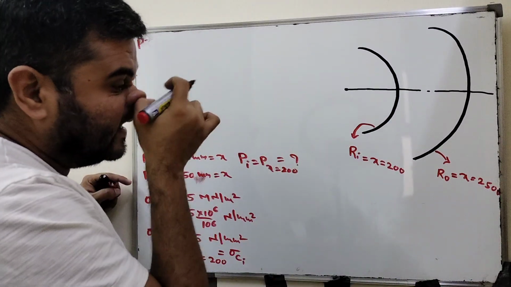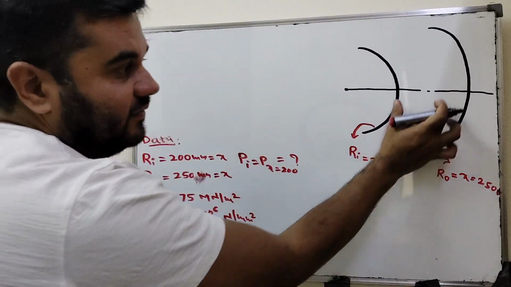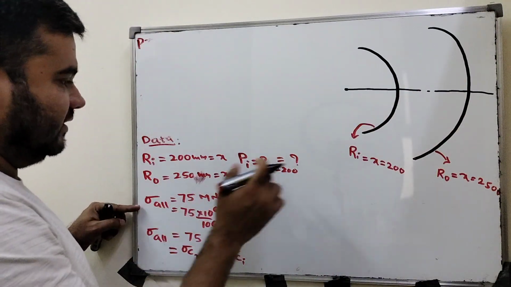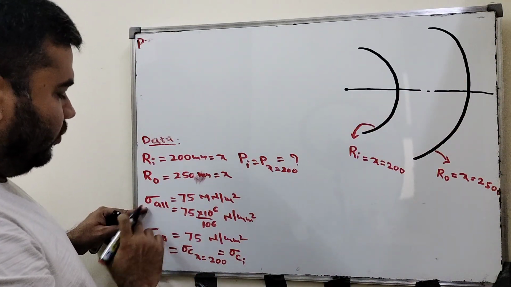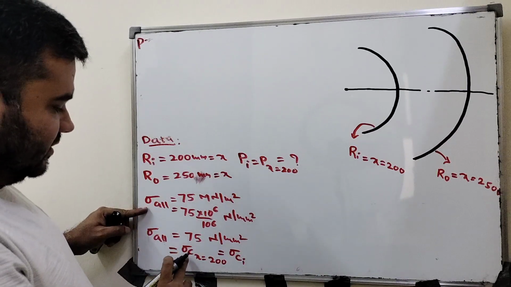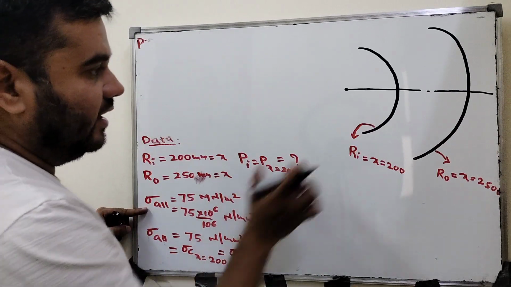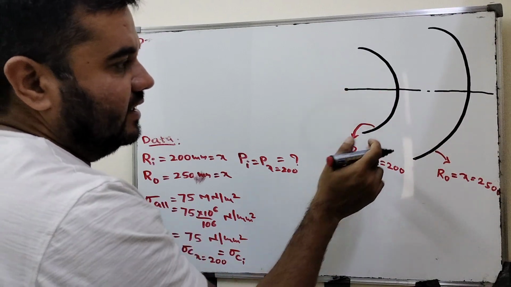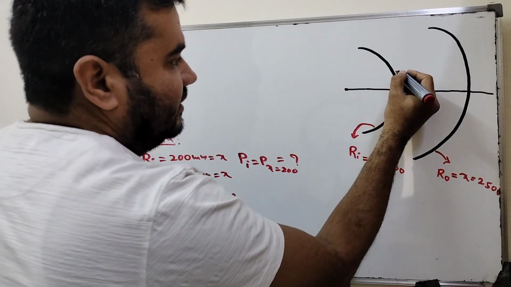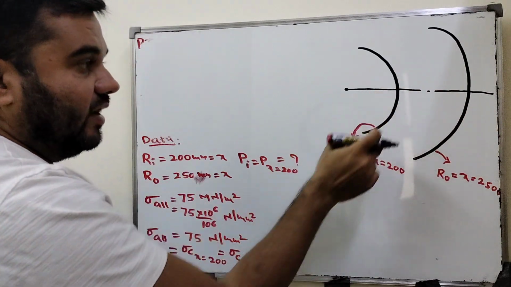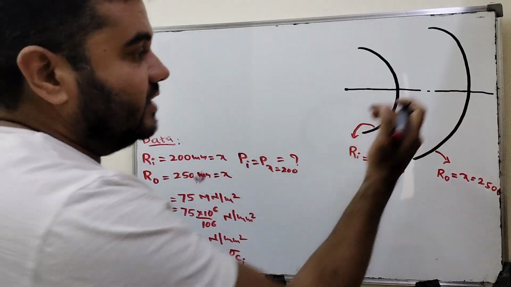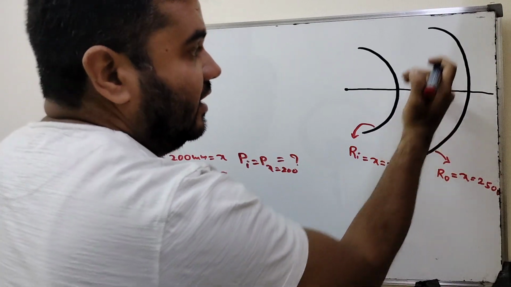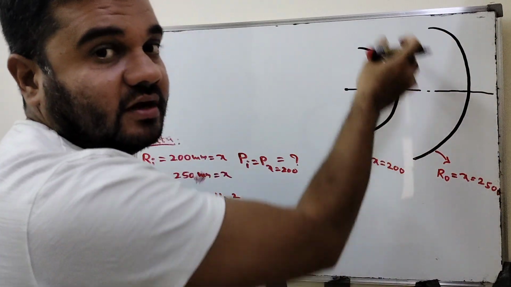So what is the thickness? 250 minus 200, it is 50 mm thickness of the cylinder. Next, sigma allowable: he is given sigma c at x equal to 200, at a distance of x from the center. 200 means it is the inner radius. We always sketch the pressure distribution on the downside and the circumferential distribution on the upper side.